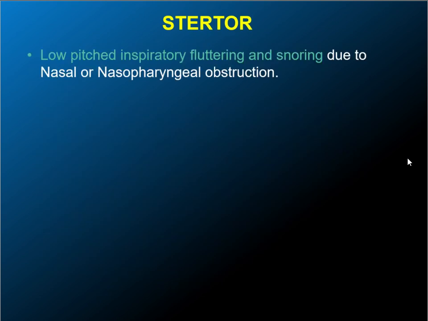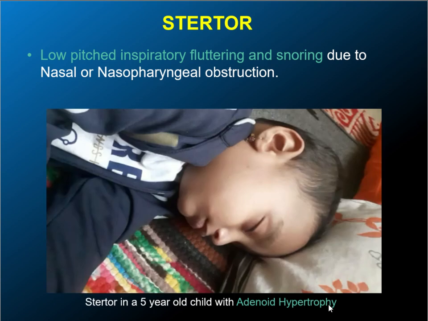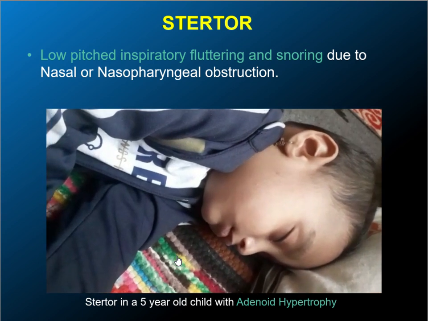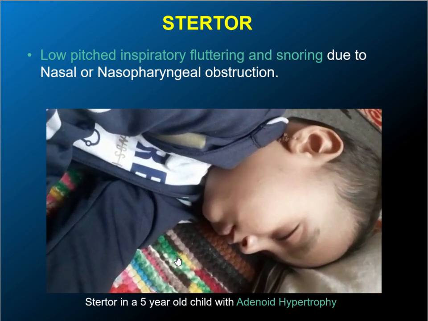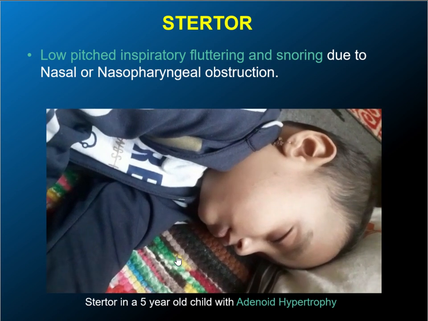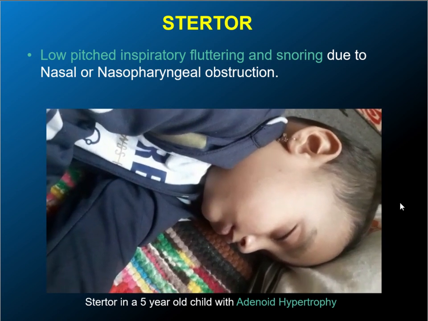Stertor is a low-pitched inspiratory fluttering and snoring due to nasal or nasopharyngeal obstruction. This is a 5-year-old child with adenoid hypertrophy. Here we can appreciate the stertor during sleep.